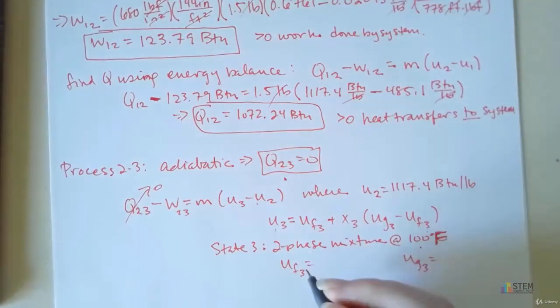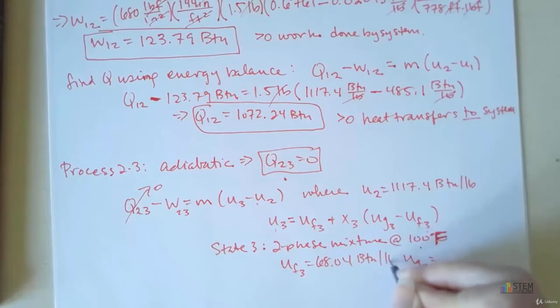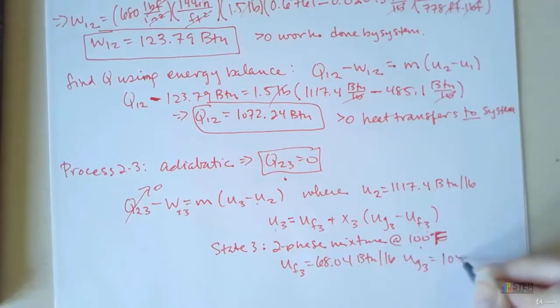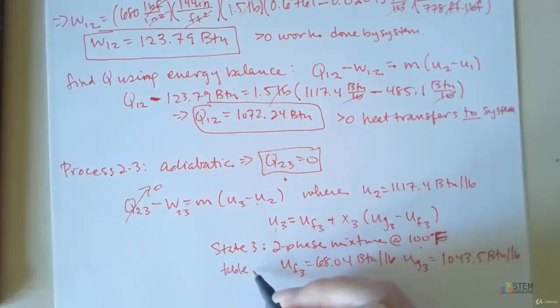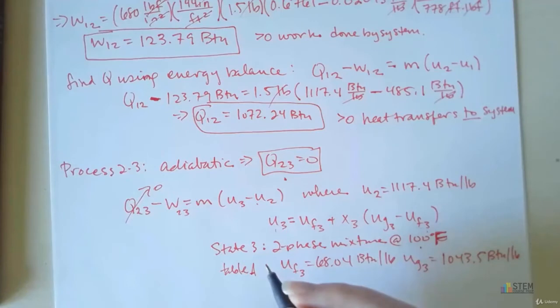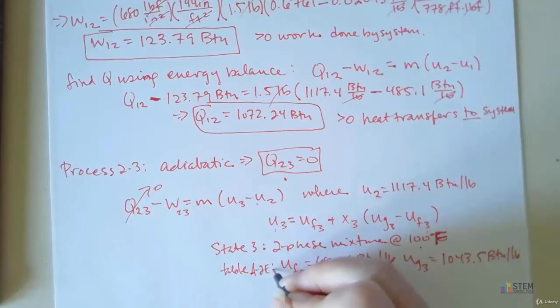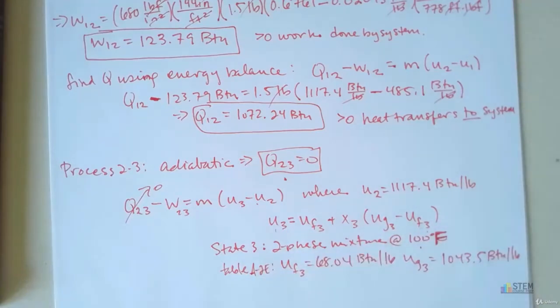Let's write those down. And this one was 1043.5 BTU per pound. And again, remember this is going to be table A2E. All right. Same place we got those other values from before.